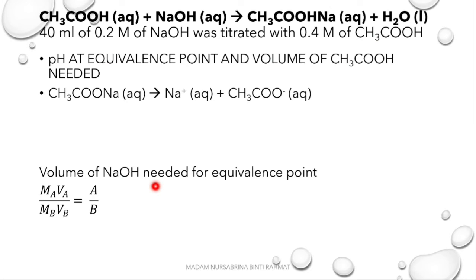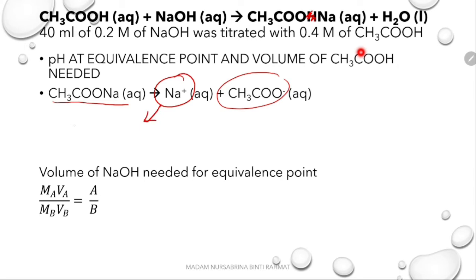Okay, so let's now calculate the pH and the volume required for the reaction to reach the equivalence point. Since we produce CH3COONa, which is our sodium ethanoate, if we break it down, we're going to have Na plus ion and CH3COO minus.